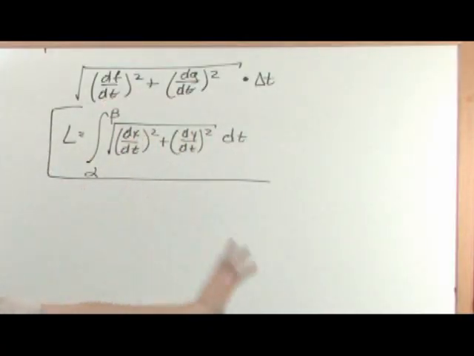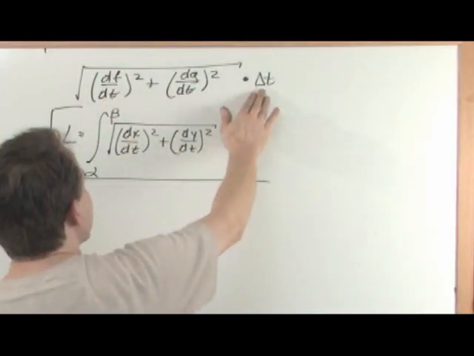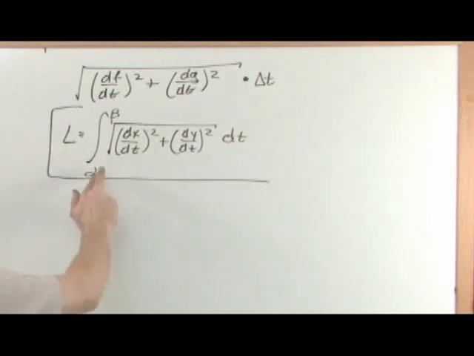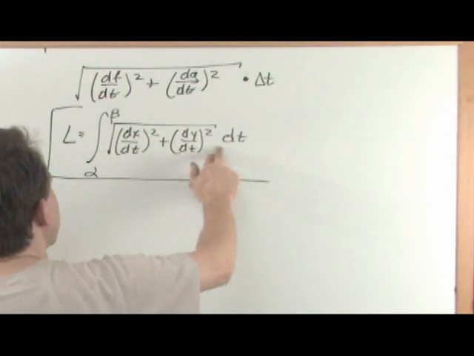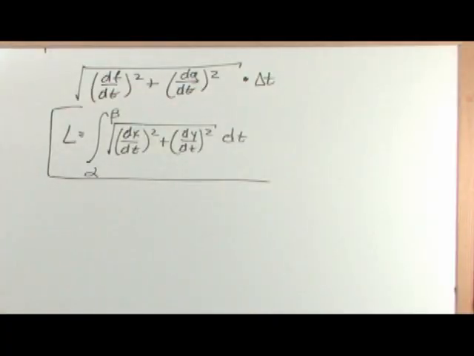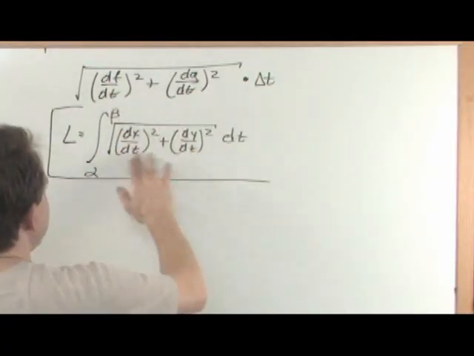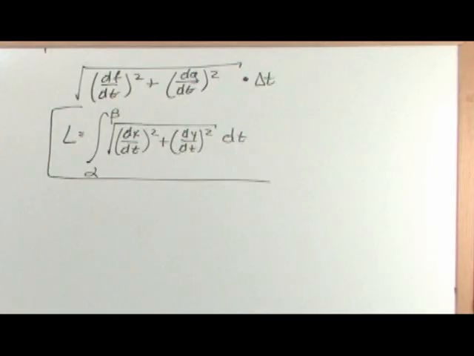When we were finally done, we did our integration, we turned the delta t into a dt, and we took our limits of integration to be whatever the problem ends up saying. It's going to be limits in terms of time, t, and then we turn these f's and g's back into x's and y's, because usually the parametric equations are given in terms of x of t and y of t. So this is what you need to know. We're going to work some problems to show you how to use it.